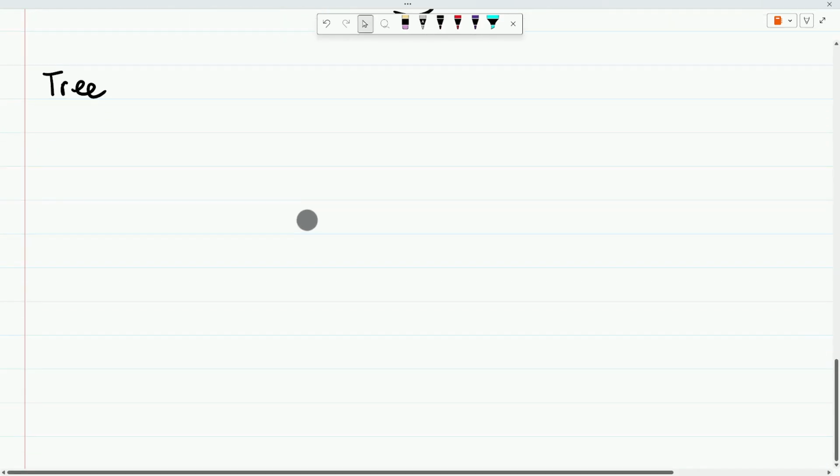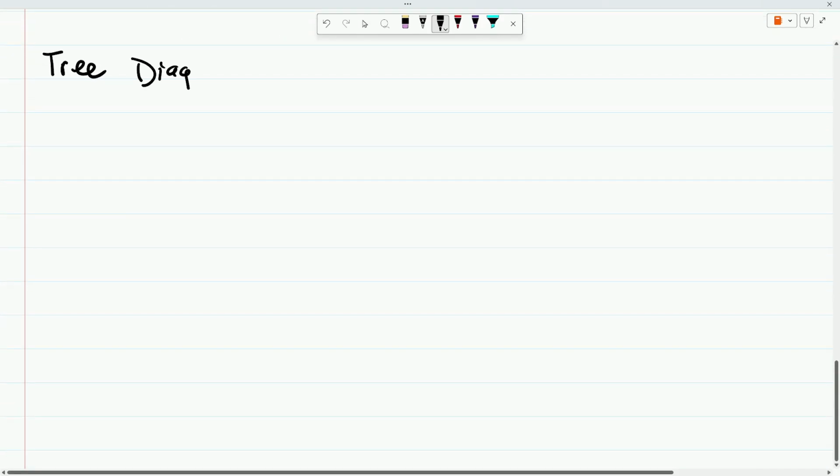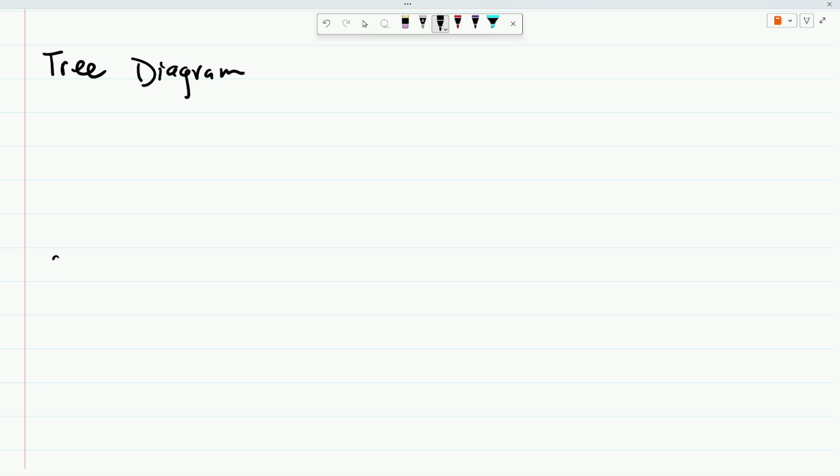All right. So how a tree diagram works is you start off with the person. So this is going to be us. And put a little happy face. There we go. And the first thing we know is we have pants. Blue or black.